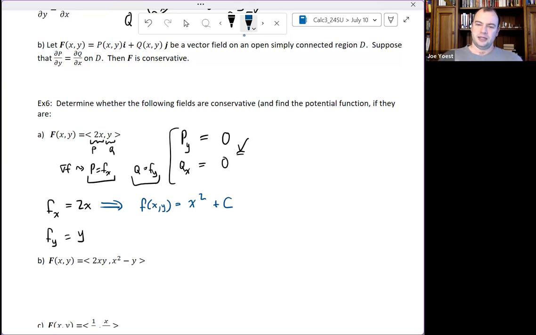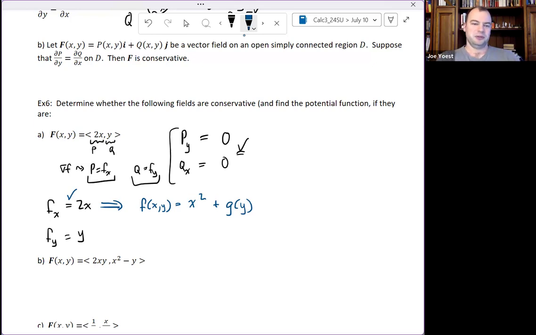So in this case, a constant could be a number, but it also could be something with y's in it. So I'll say something like g of y. Right, if I take the partial of this blue function with respect to x, then g of y gets knocked to 0, and then I get a 2x, and I get exactly what I expect over here.